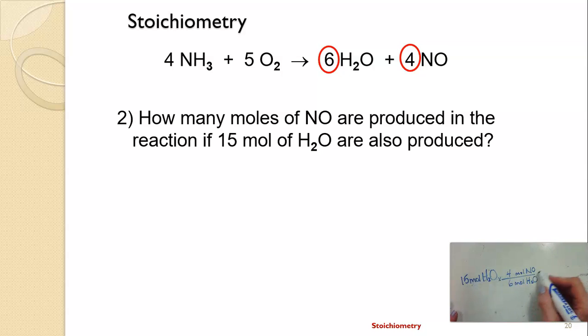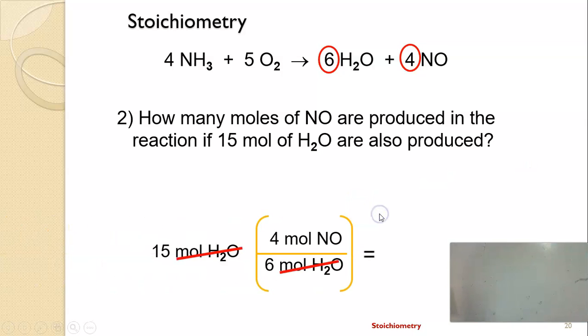So 15 times 4 divided by 6, 10 moles of nitrogen monoxide. Okay, pretty easy. Pretty easy. You're going to use that balanced equation for the mole ratio. See, 10 moles. A little neater than mine.